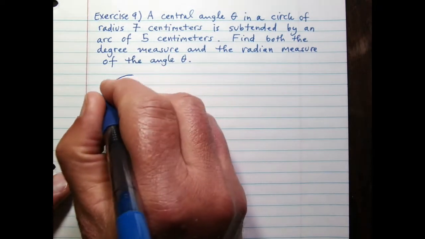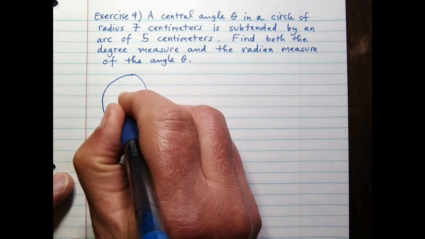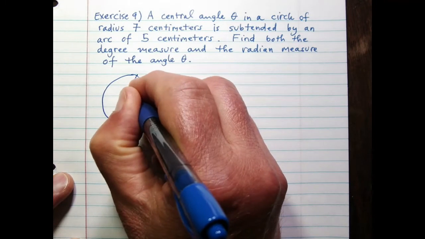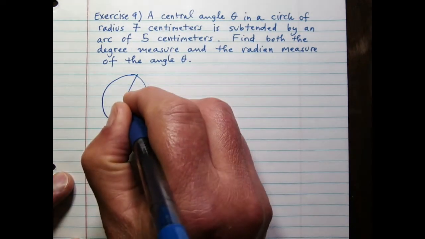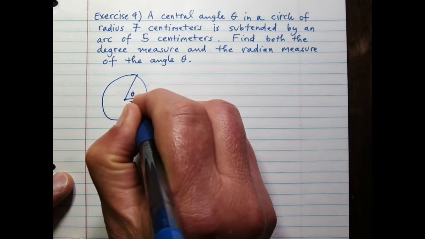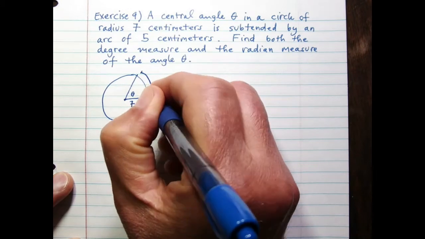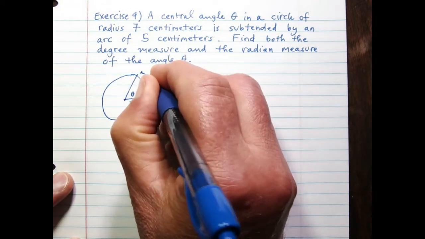So we have this kind of a picture going on where you have some central angle that we're trying to find. I'll label that theta. We know the radius is 7 centimeters. We know this arc length is 5 centimeters.